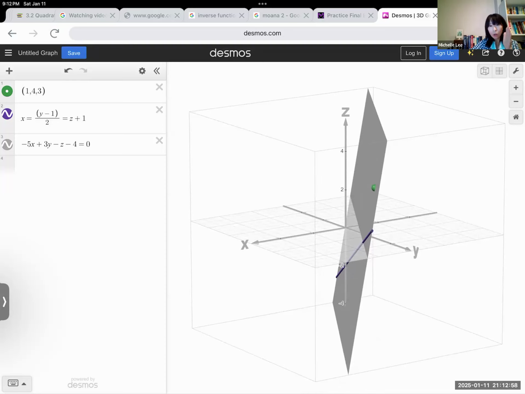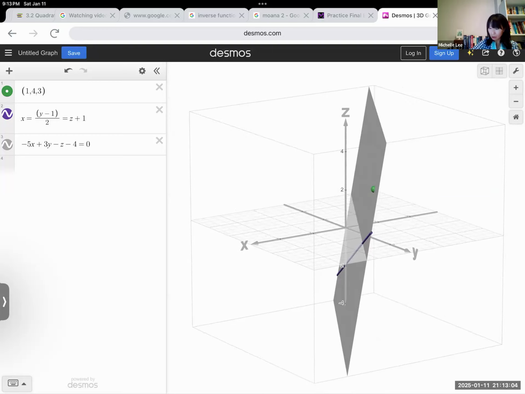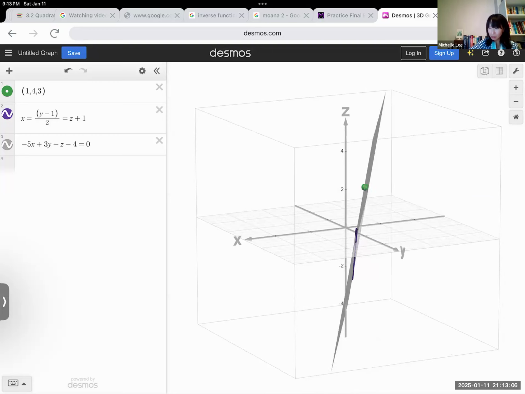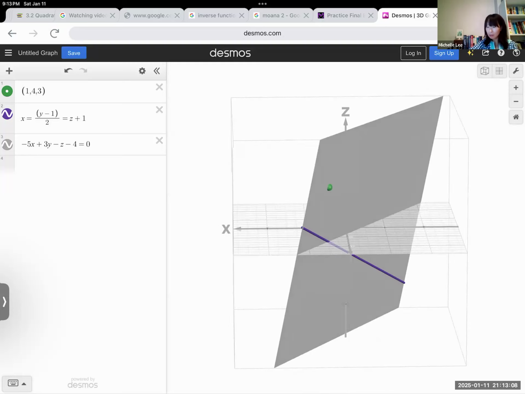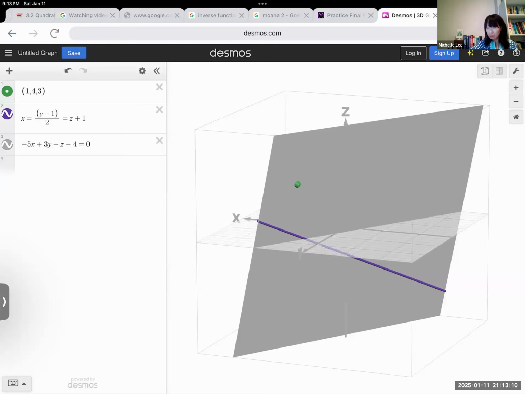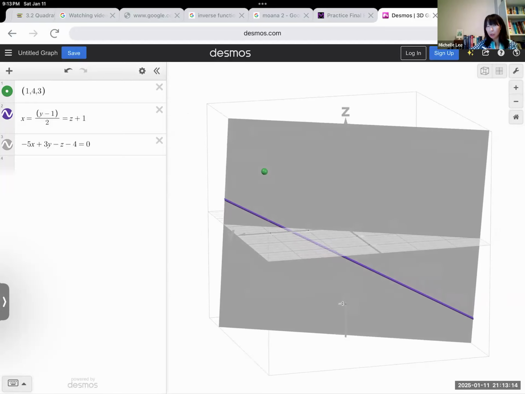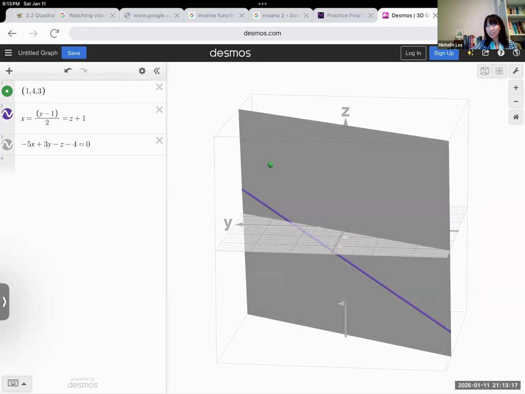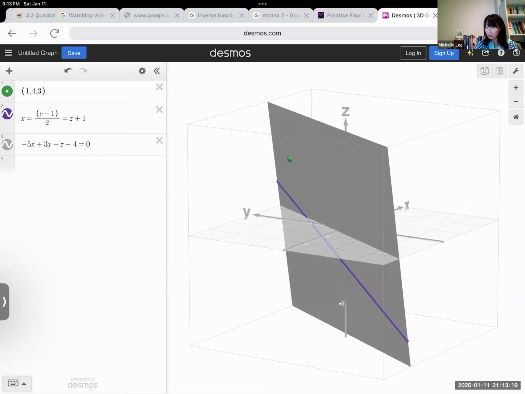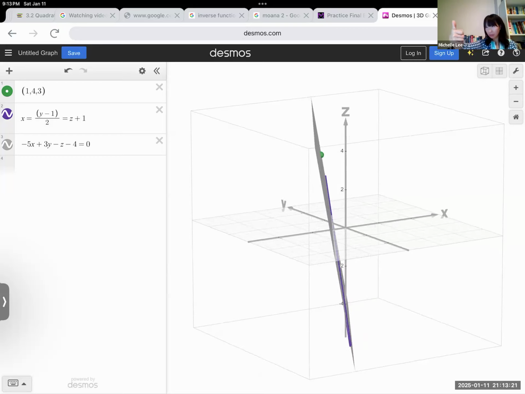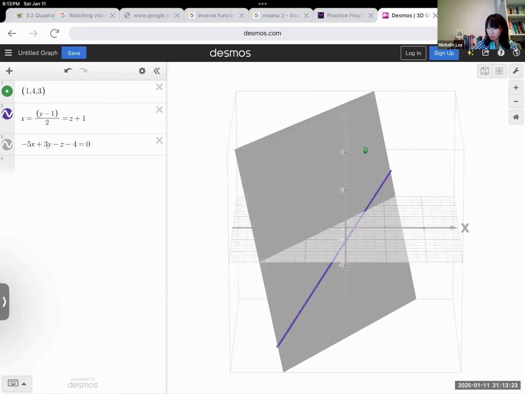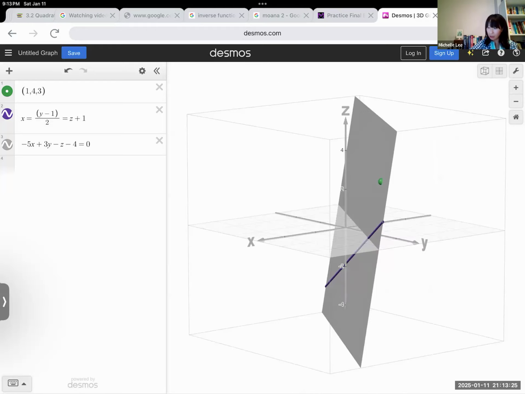It has 1, 4, 3, the point with the line. Yeah. Isn't it cool, right? So it's moving around. So let me just stop and then make a screenshot.